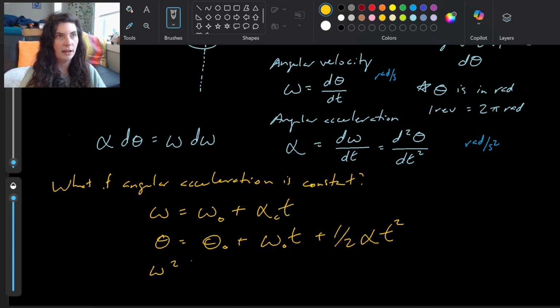And then finally, we're going to have our angular velocity squared equals our initial angular velocity squared, plus 2 times alpha times theta minus theta naught.